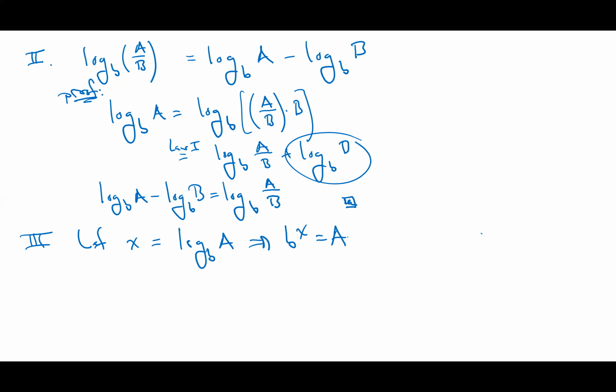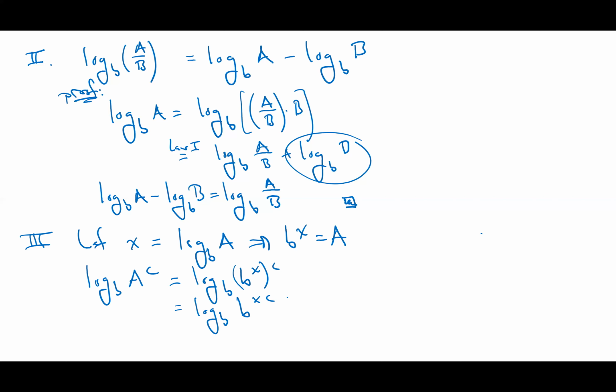And so then I can come down here, get my hands on what I'm trying to prove. This is going to be log base b of, well, we just said a was b to the x, right? So b to the x to the c, which is log base b of b to the xc.